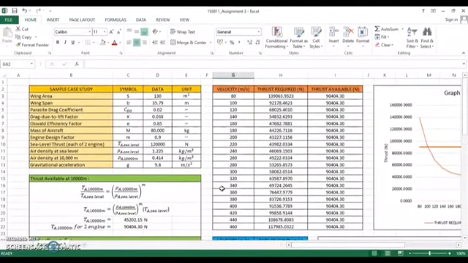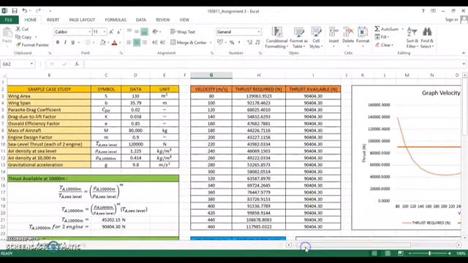Next, we need to answer the question, which wants me to find the minimum and maximum speed. First of all, I have created the table for the velocity, thrust required, and thrust available.